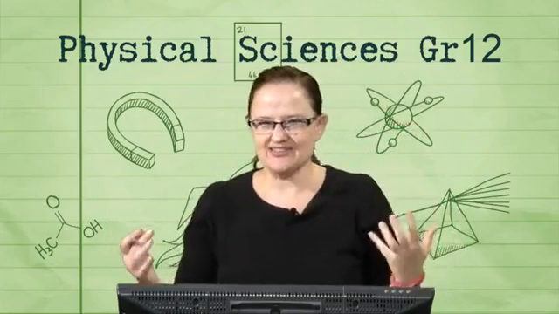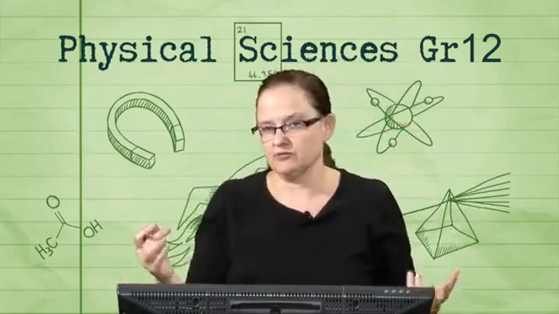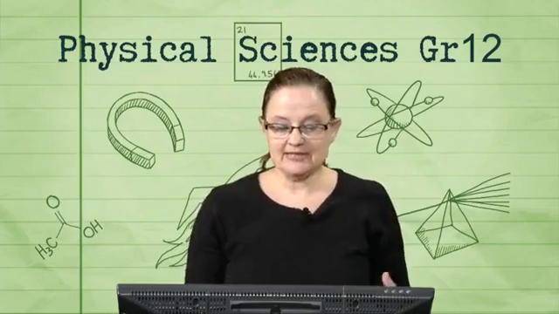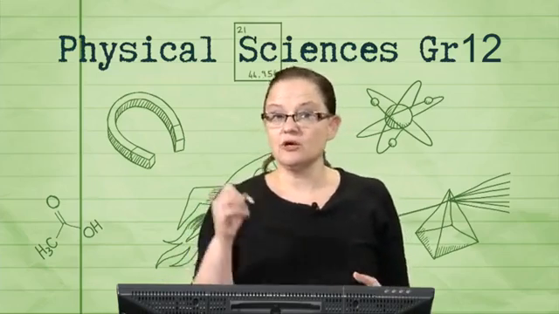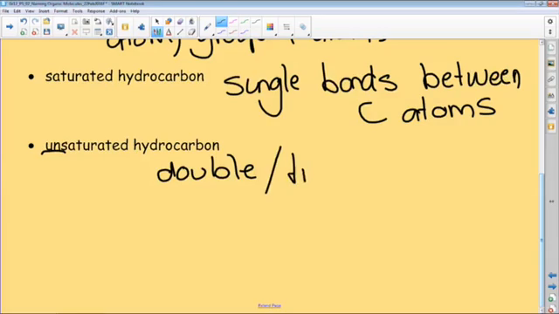So that doesn't really help us in terms of saturation. So saturated hydrocarbons have single bonds between carbon atoms. Unsaturated is double or triple, so there's double or triple bonds between carbon atoms.